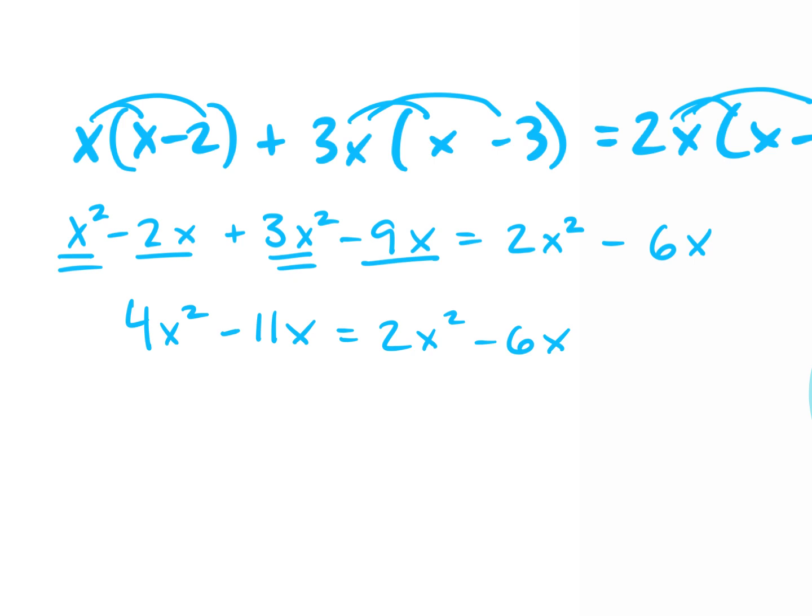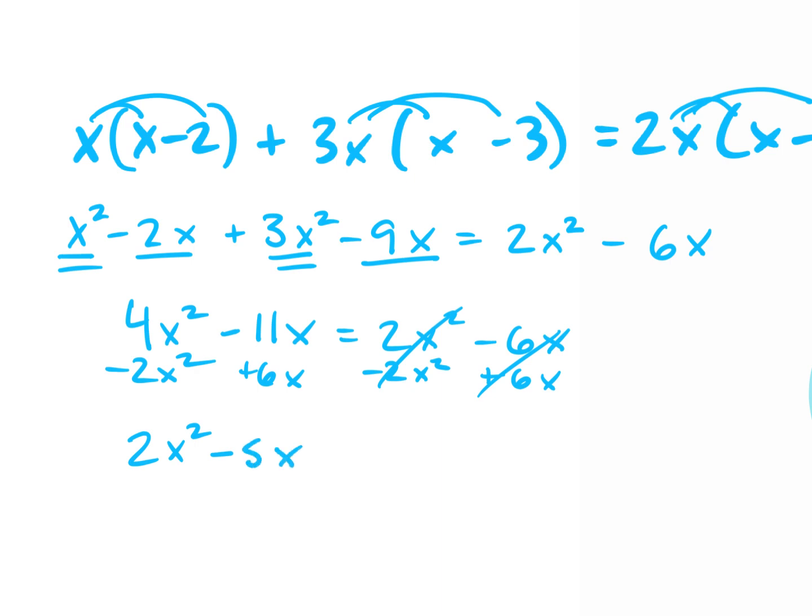What can we do next? Still want to combine our like terms, so I'm going to subtract 2x squared and add 6x. So we have 2x squared minus 5x is equal to 0.